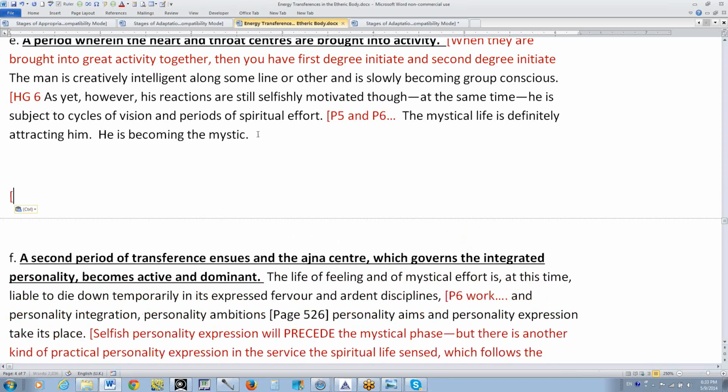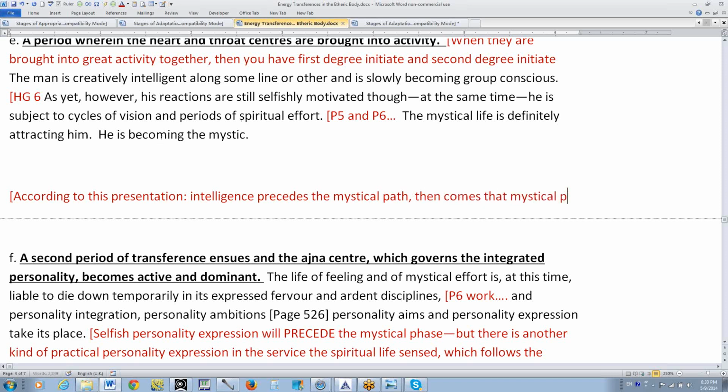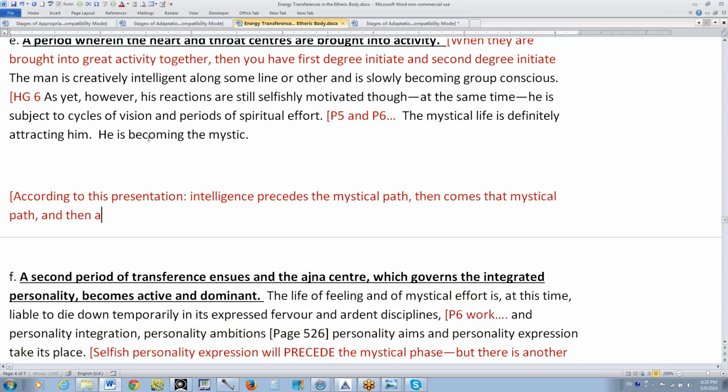So let's put that down. According to this presentation, intelligence precedes the mystic path, then comes that mystical path, and then a more powerful integration of the personality.